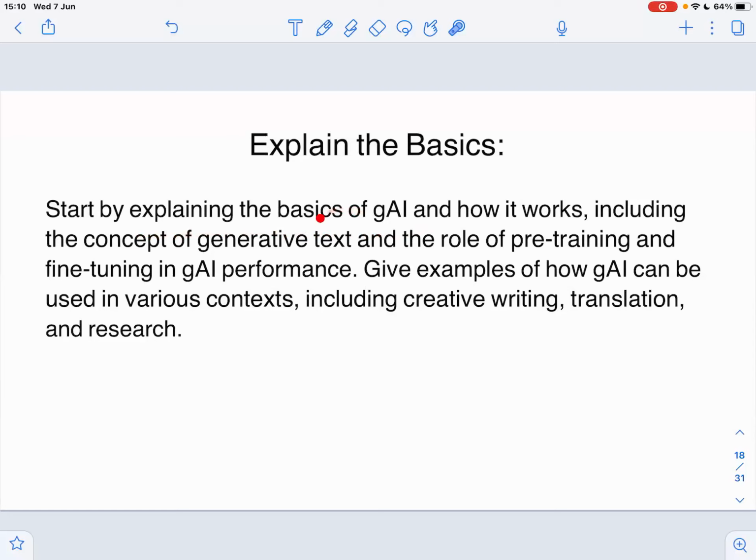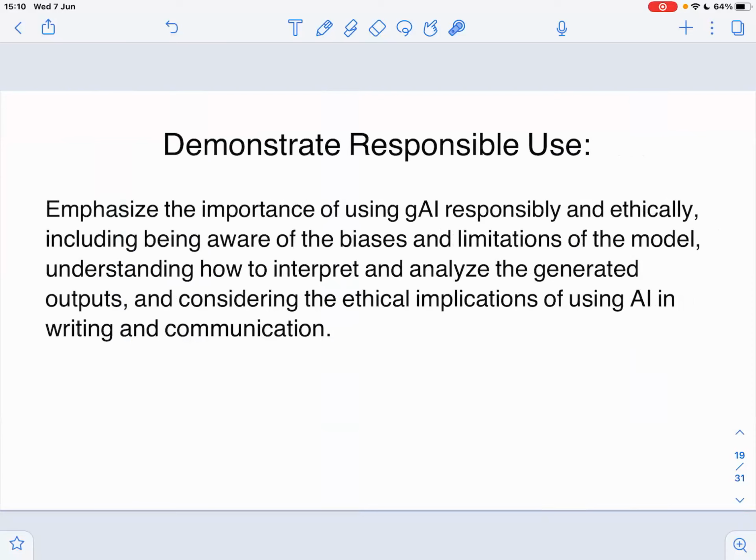what basic generative AI is, and we can give examples of how it can be used in various contexts. Creative writing, what I've just basically highlighted. We can demonstrate responsible use. We can highlight to the students these issues that I just mentioned with responsibility and ethical usage.